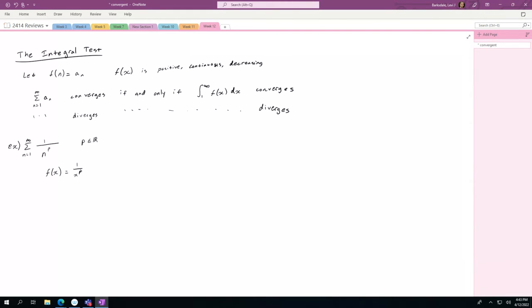Yeah, so technically it would only be decreasing if p were, I want to say, bigger than 0. So I'm just going to say it's positive, continuous, and decreasing for p larger than 0. Right.